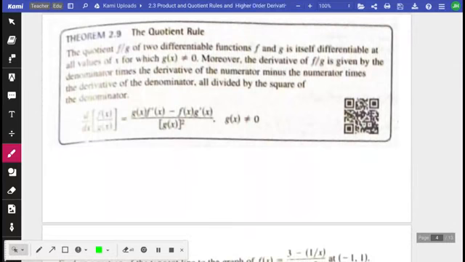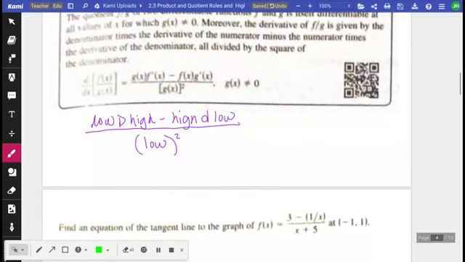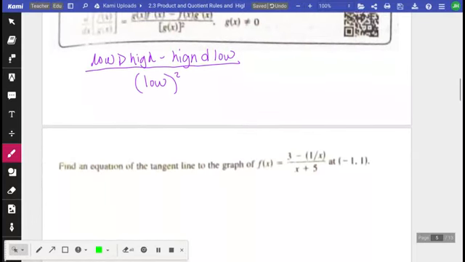What we learned is low d high minus high d low all over the square of what's below. Low being the denominator, high being the numerator, and it has a rhymey thing, and so that's why I do it.